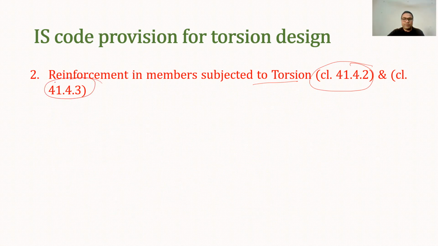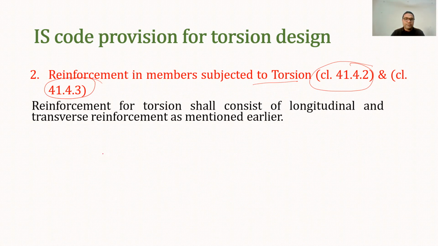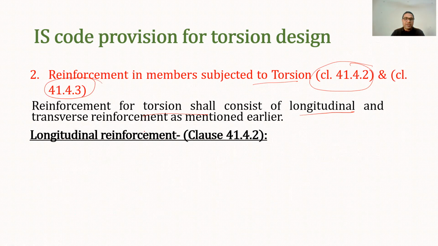First we will talk about the longitudinal reinforcement. All the formulas related to longitudinal reinforcement are given in clause 41.4.2, so you can refer to this clause of the IS code.